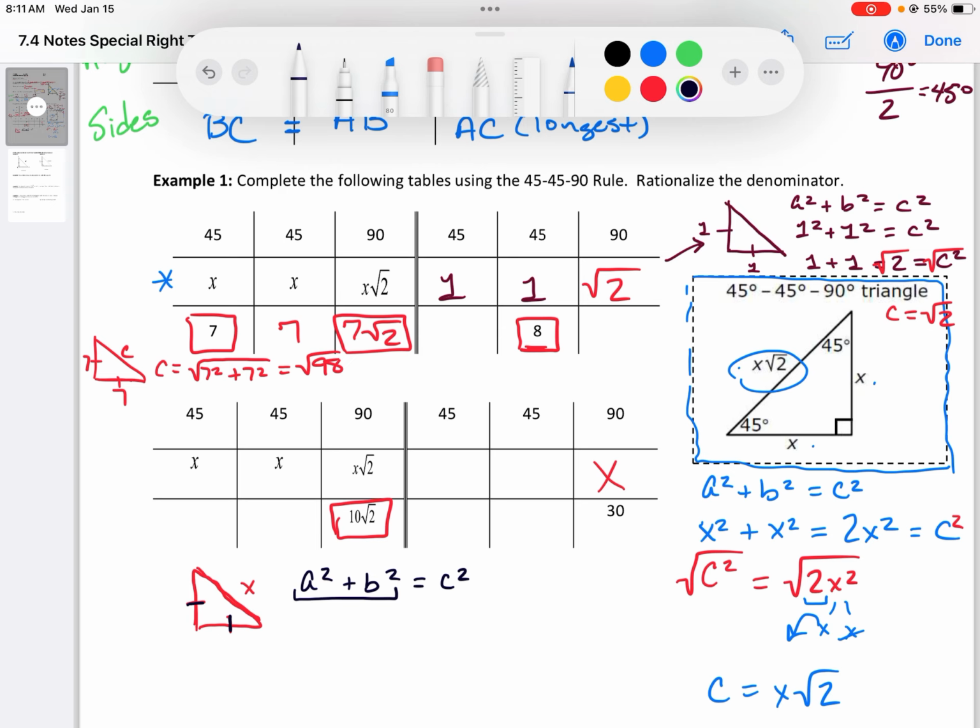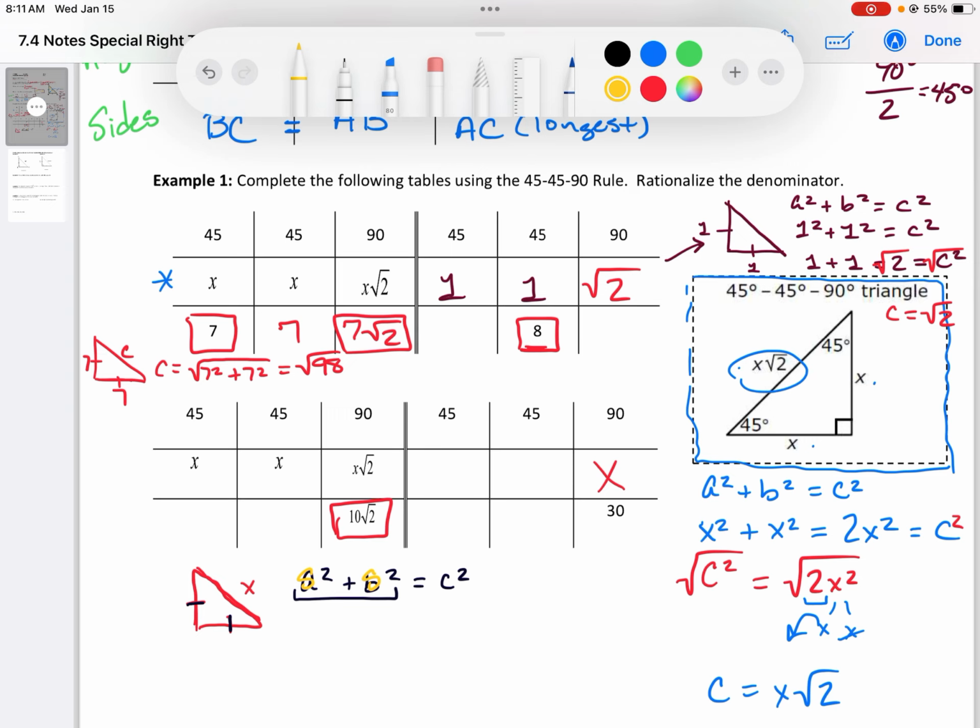So because they're the same, let's say I make them both an x. Actually, let's not use x because I'm using that as my hypotenuse. Let's say they're both side. We'll just use an s. Okay, they're the same.